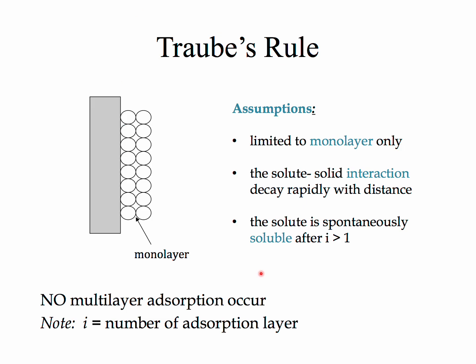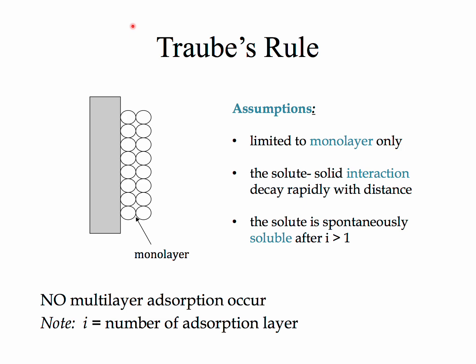The third assumption is that the solute remains soluble once more than one layer is formed, meaning that after the first layer, additional molecules prefer to stay in solution rather than be absorbed onto the solid surface. Because of these assumptions, multi-layer absorption does not occur in this model, and only a single monolayer of adsorbed molecules is considered.